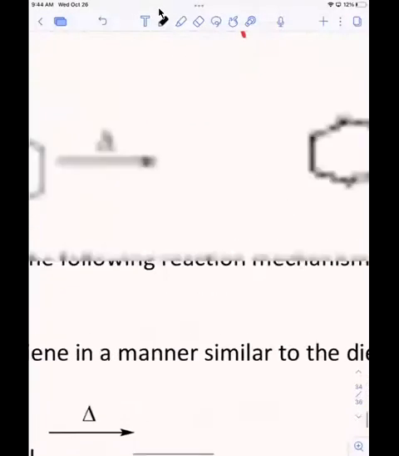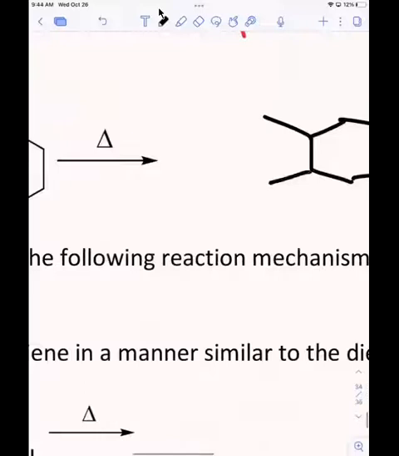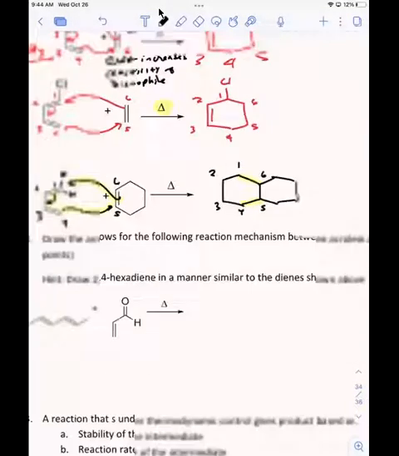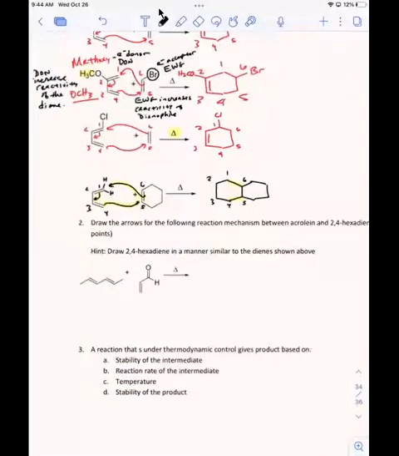I have a new set of bonds here. And this is 5 and 6. And this is 1, 2, 3, and 4. Anything different? Arrow wise, electron wise, did anything change other than what's attached to your diene?